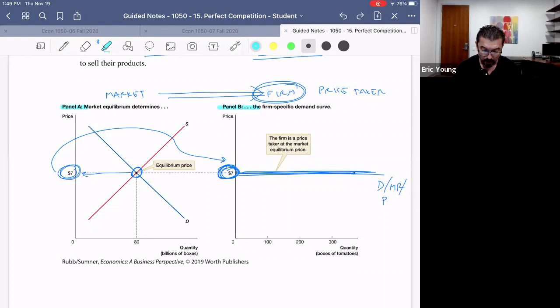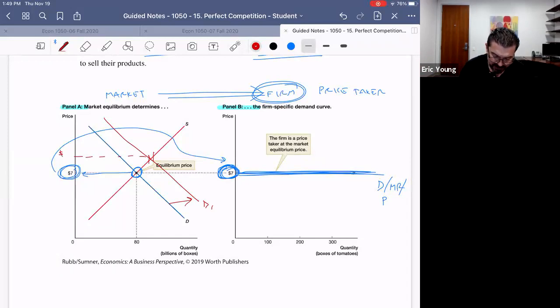Notice something really important. Let's go to red for some contrast. Let's say that something happens. So right here, you see that the supply and demand lead to a price of $7, which the firm has to take. Let's say that something happens in the market so that the market demand increases, which, as you know, would shift the demand curve to the right, which would lead to a new equilibrium. And let's say that this new equilibrium price is maybe $9.